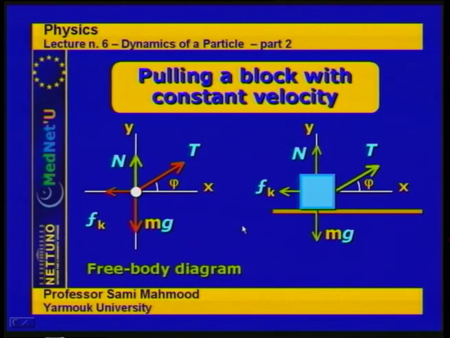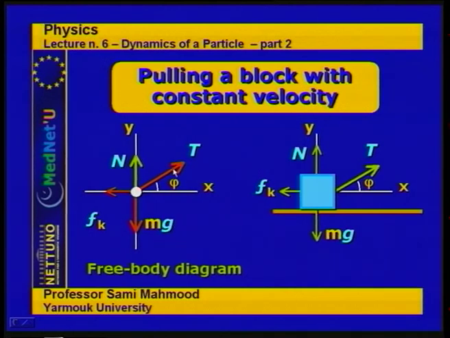Remember that frictional forces always act in a direction opposite to the motion. So we analyze these forces in a similar way to what we did before.